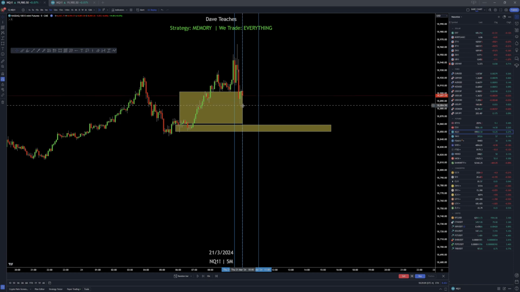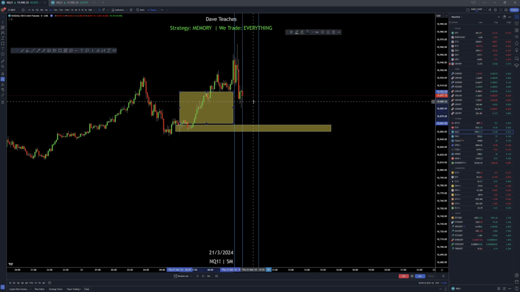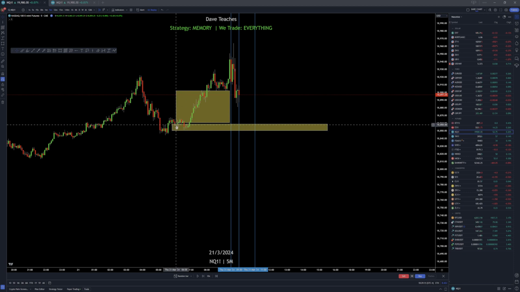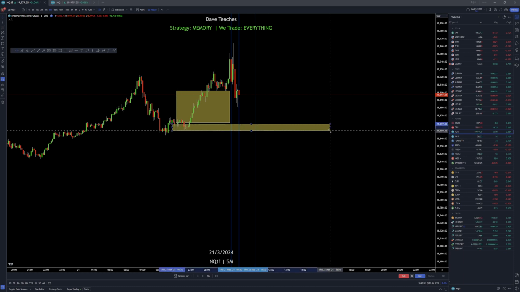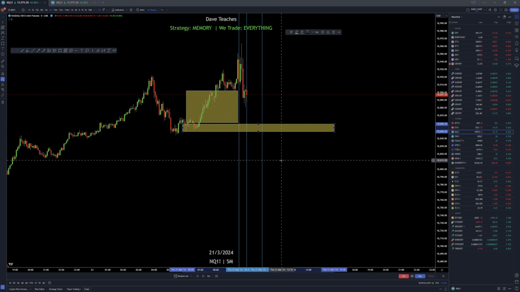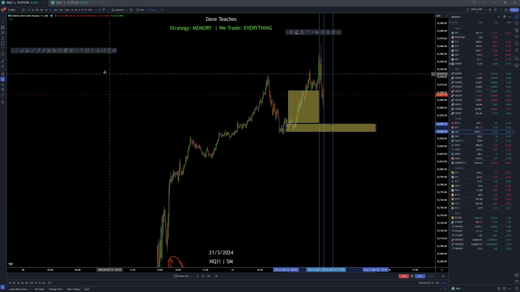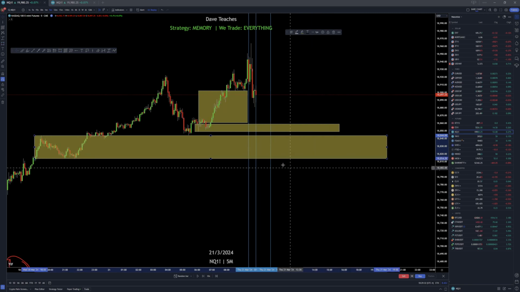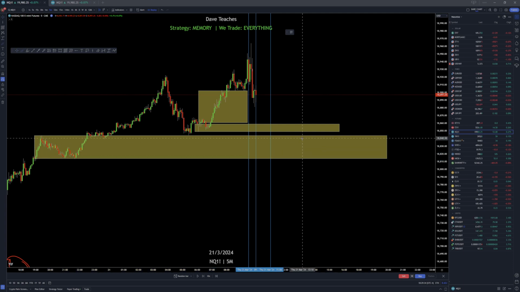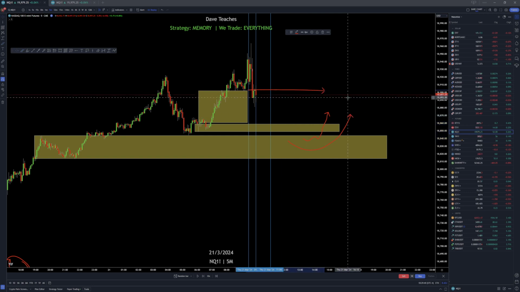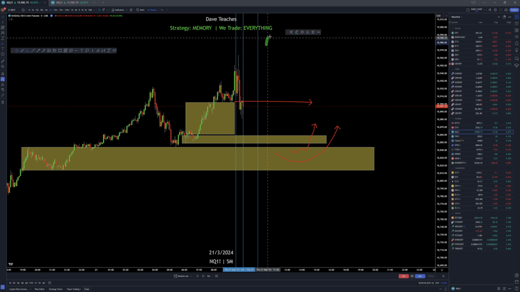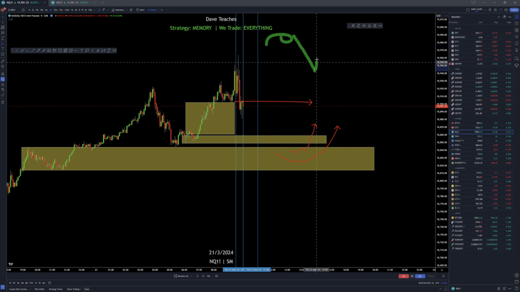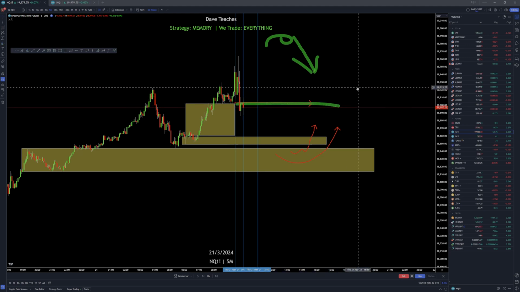So here's 10 o'clock now. New 4-hour candle open. 4-hour wick below here. And we would expect some of this to get toasted for price to trade back into here. And then what? Move us back into maybe from down here 10 o'clock. But if it moves us up here, it's back into that there.